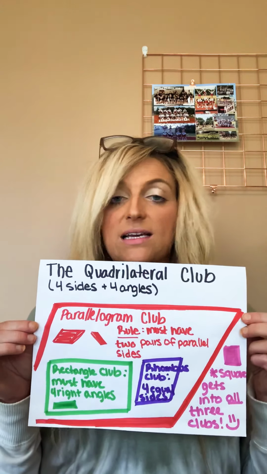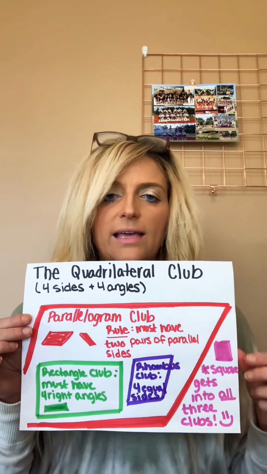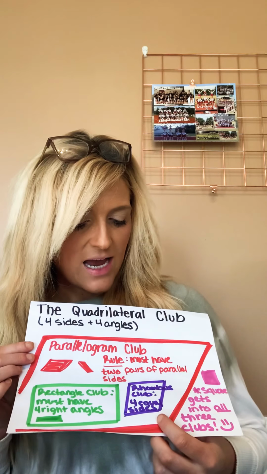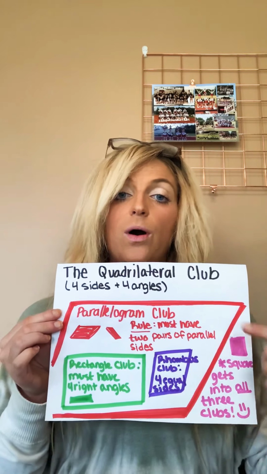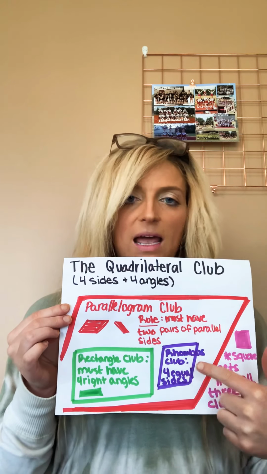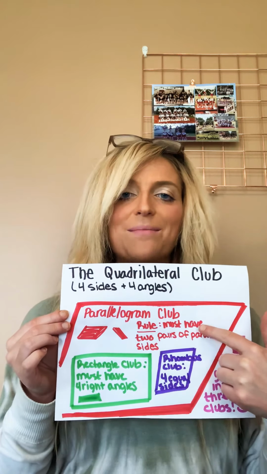A parallelogram doesn't have to have four right angles, so it can't be a rectangle. It can't be part of that club. The rhombus over here, it just has to have four equal sides. So a rhombus can be a parallelogram. But a rhombus is a parallelogram, but it can't go the other way around.